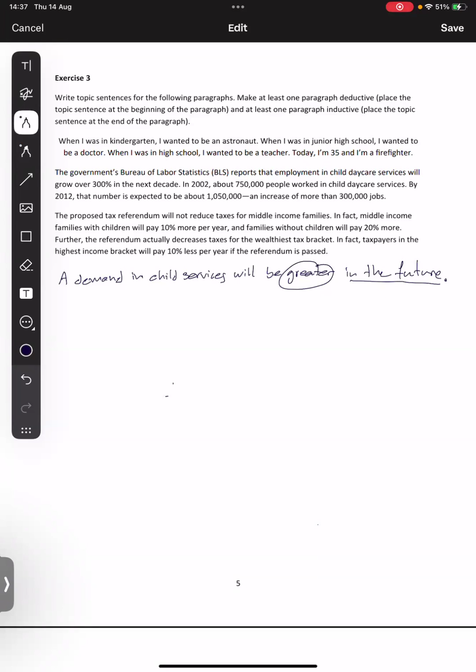So I would say according to BLS, according to bureaus, BUREAU, that's the Bureau of Labor Statistics.